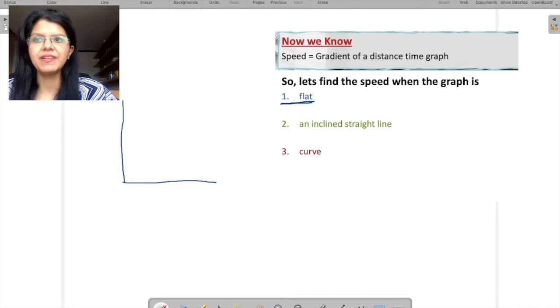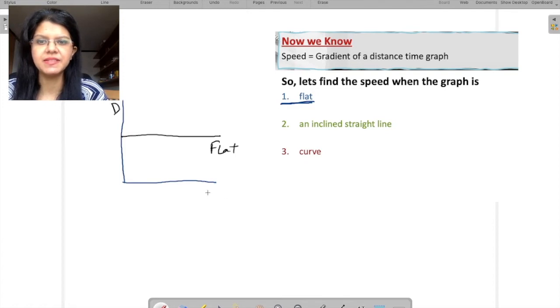What do we mean by flat line? A flat line is a graph which is like this. This is your flat line, perfectly horizontal. And please do remember, this is your distance time graph. This is your distance, time.